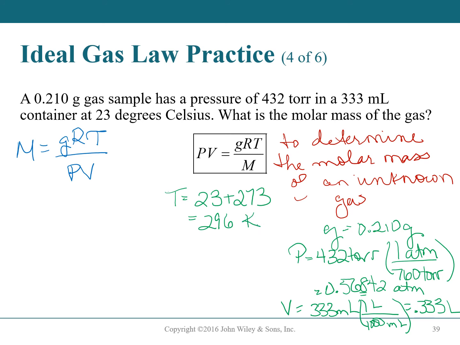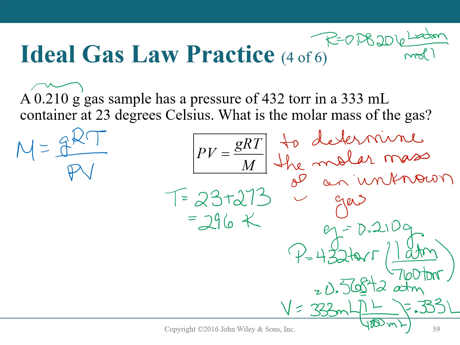All right, so now we have the mass, T, P, and V, and we can look up R. Because of space considerations, I'm just going to write our values up here. R is 0.08206 liter atmospheres per mole Kelvin.